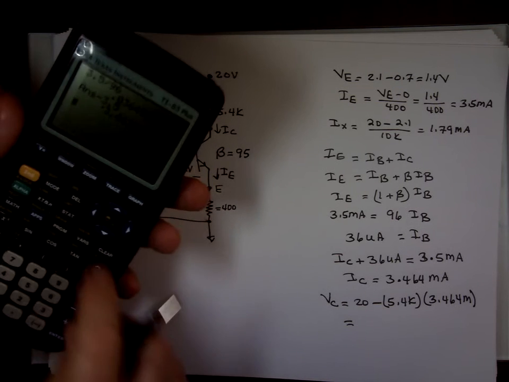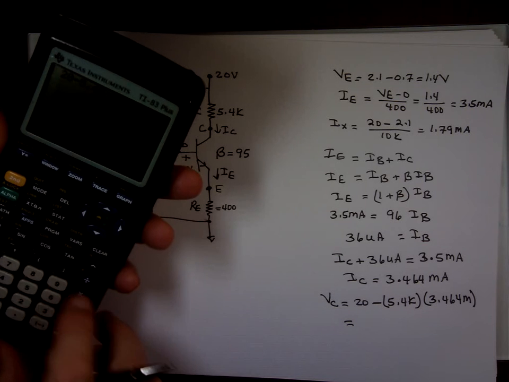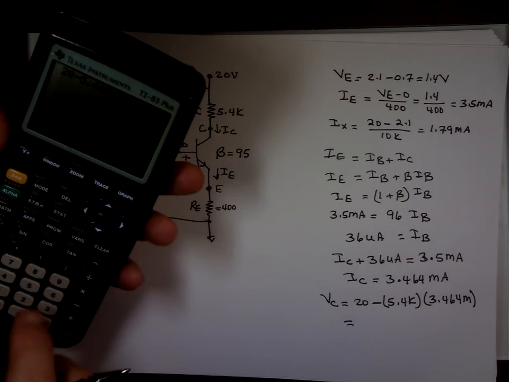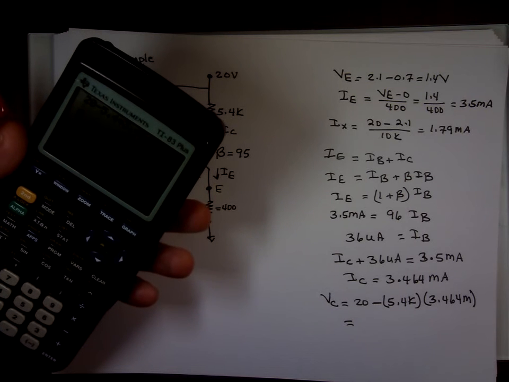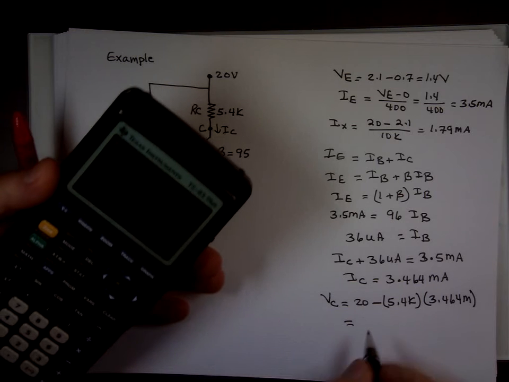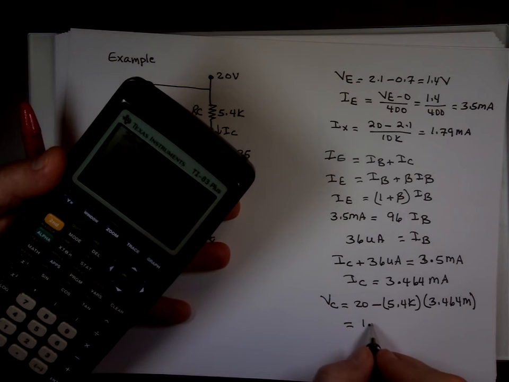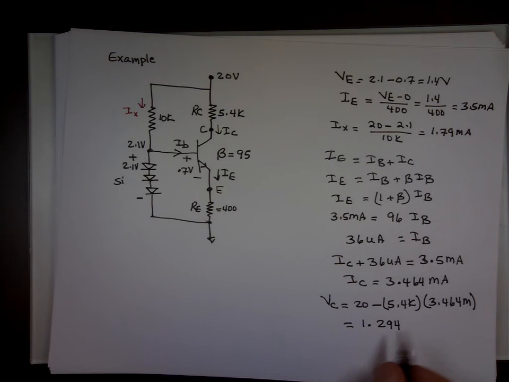Take a bad number. There's going to be some negative value. Yep. Which is 1.294. And what's VCE?